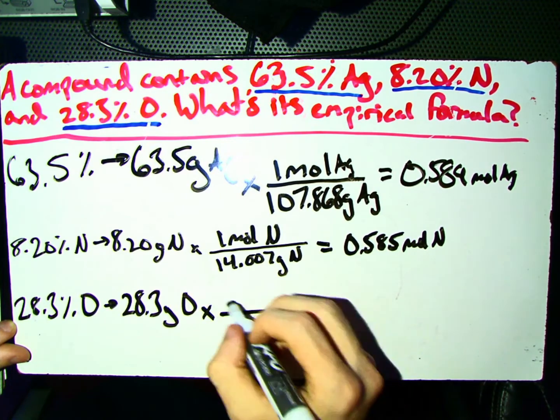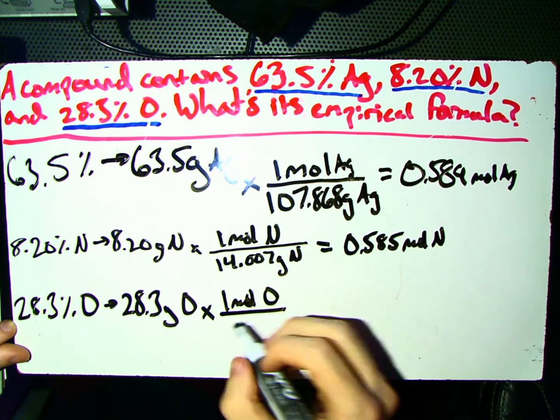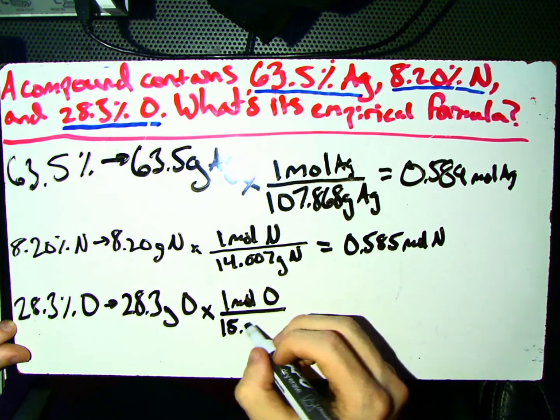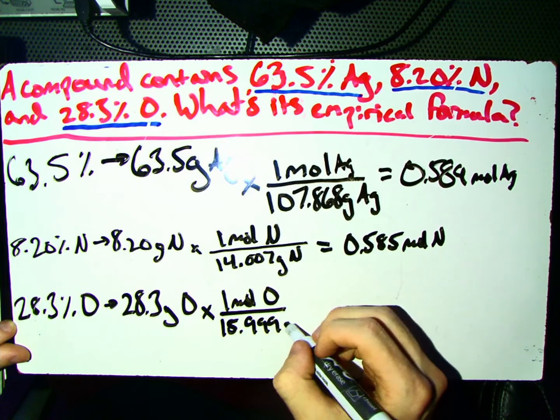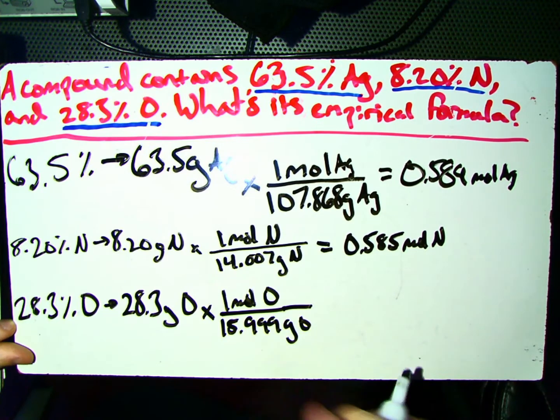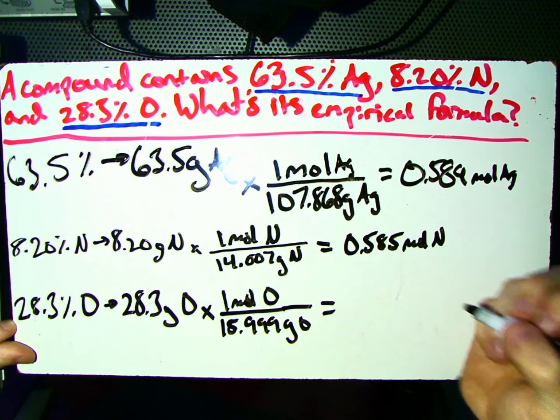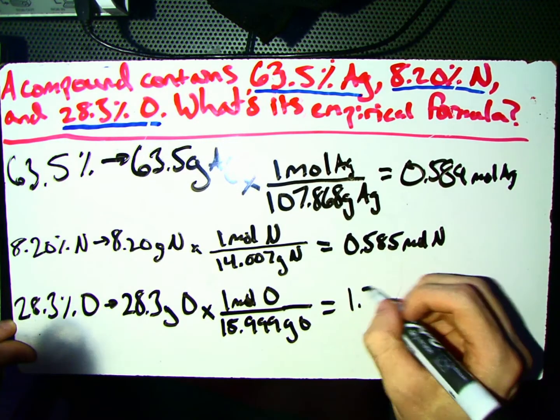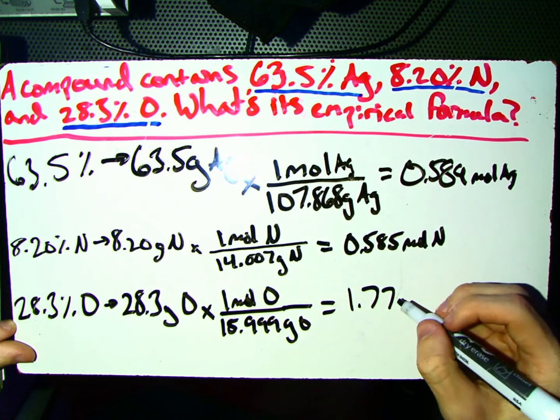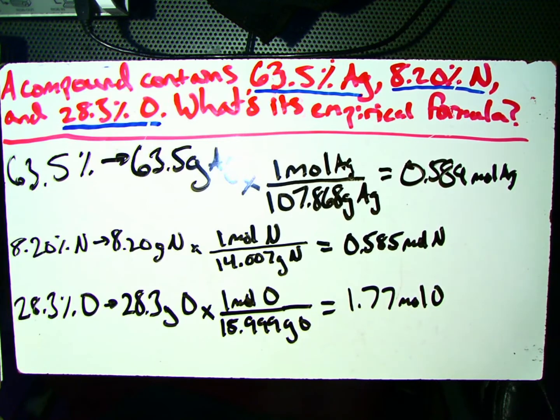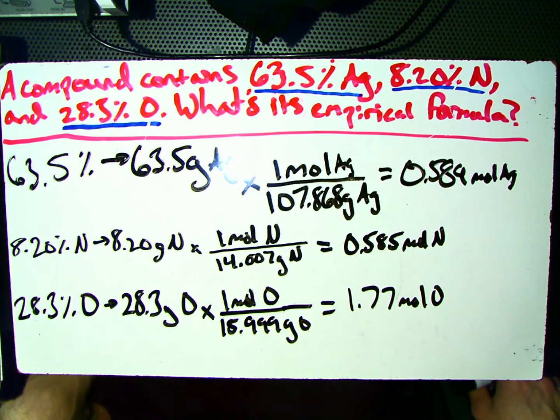Convert that to moles. 1 mole of oxygen, the molar mass of oxygen is 15.999 grams, or just 16. And if you do that, you should get 1.77 mole oxygen.